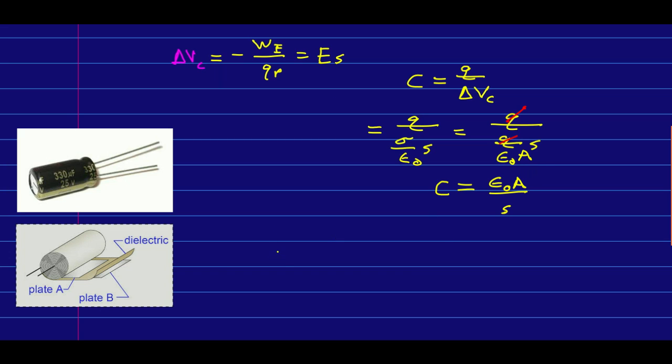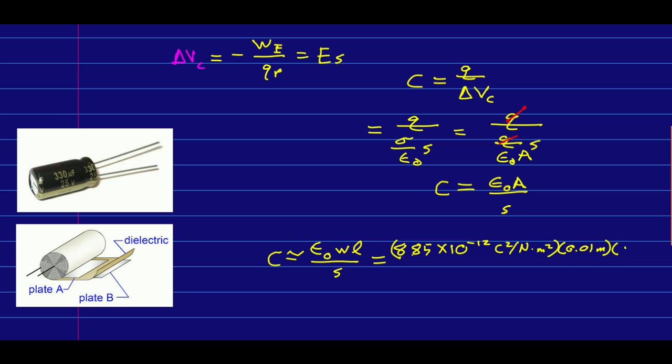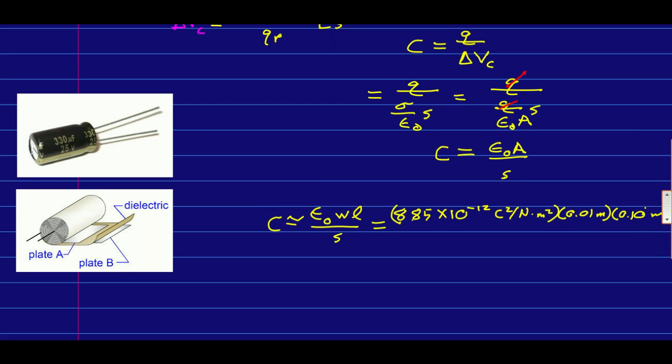So let's estimate that. We know that this is epsilon naught times some width of the plate times some length of the plate over the plate separation. And what I've said is that width is around about 1 centimeter, and that length is around about 10 centimeters, pretty typically.